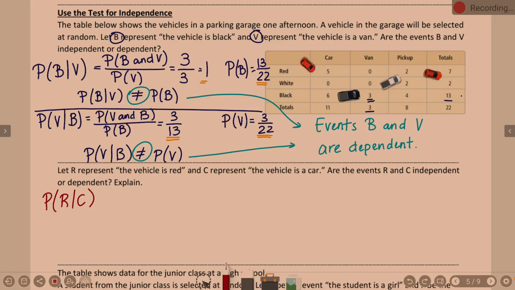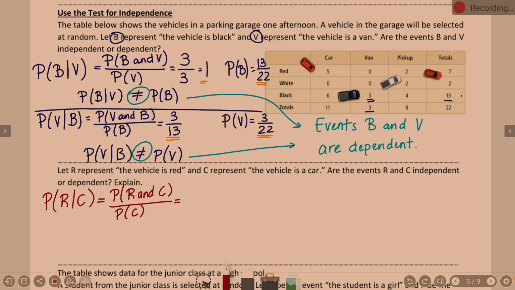Probability of R given C. So if we're looking at probability of red given it's a car, on top we're doing what? On top is always both, divided by the denominator, which is always the condition, the second piece.